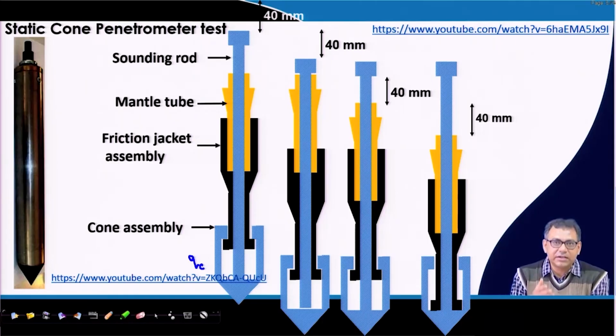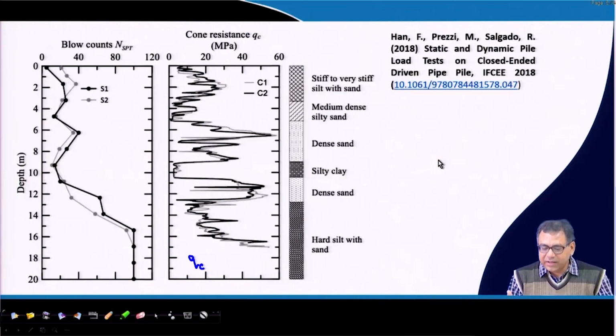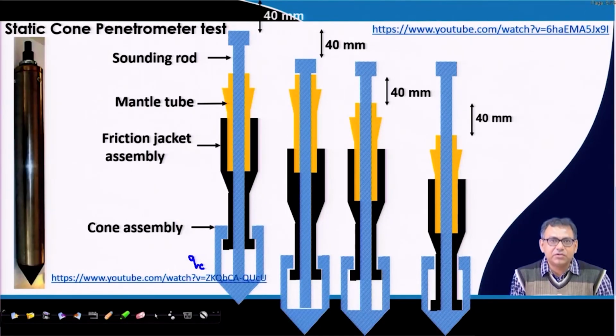In the second stage the friction jacket is pushed to measure the resistance, but in the fourth stage the friction jacket is pushed to bring the instrument into the original position. Okay? So, the first two stages are used to measure the resistance, and the third and fourth stages are used to bring back the instrument into the original position.